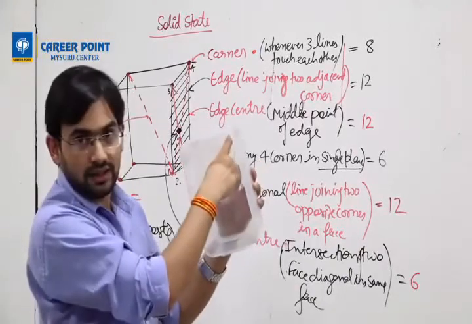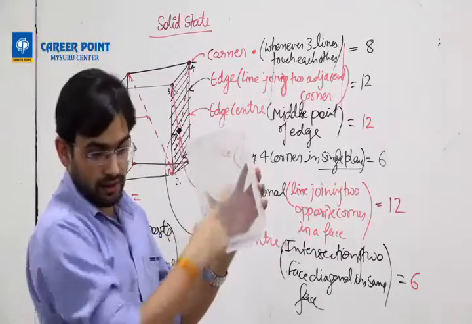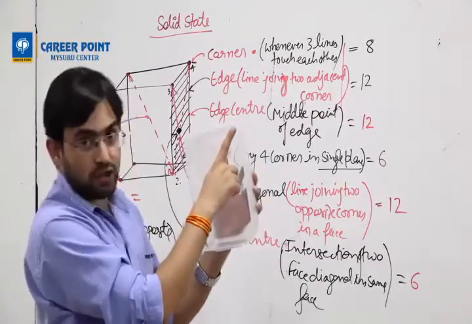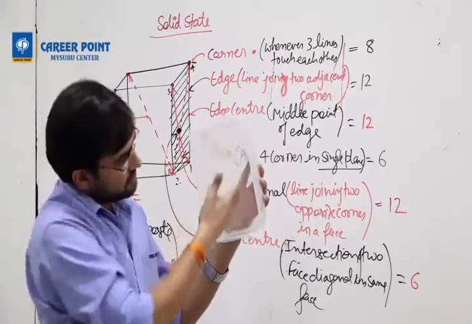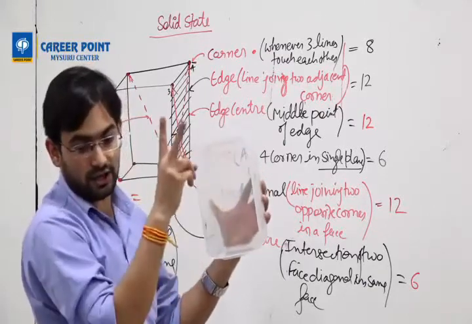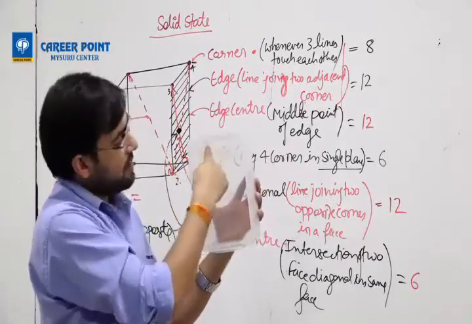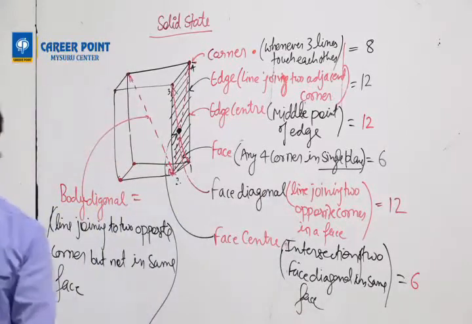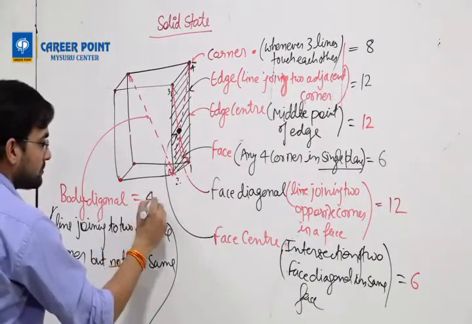We go back, down: 1. Then from top to bottom: 2. In this way I'm getting 2. Then 3 and 4. Understood now? So there are a total of 4 body diagonals.